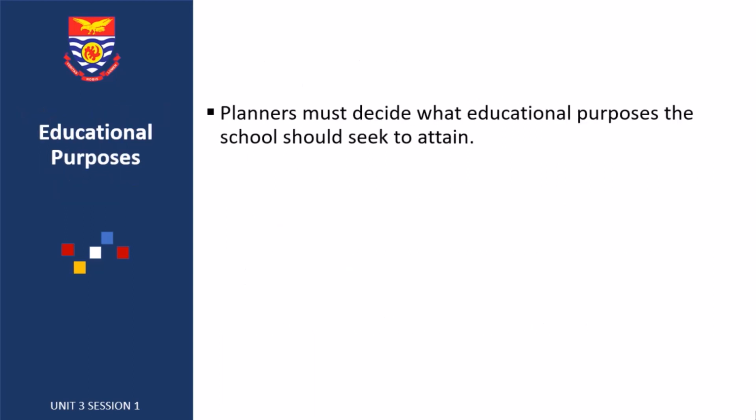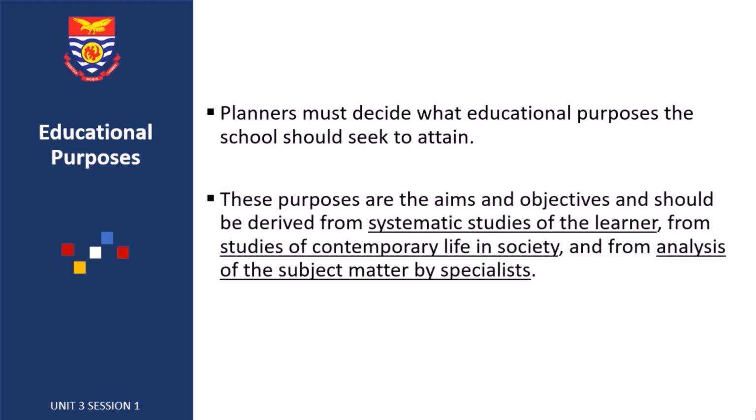And so, the first question talks about the educational purposes. Here, Tyler is of the view that in planning a curriculum, the planner must decide on what educational purposes the school should seek to attain. These purposes are the aims and the objectives.